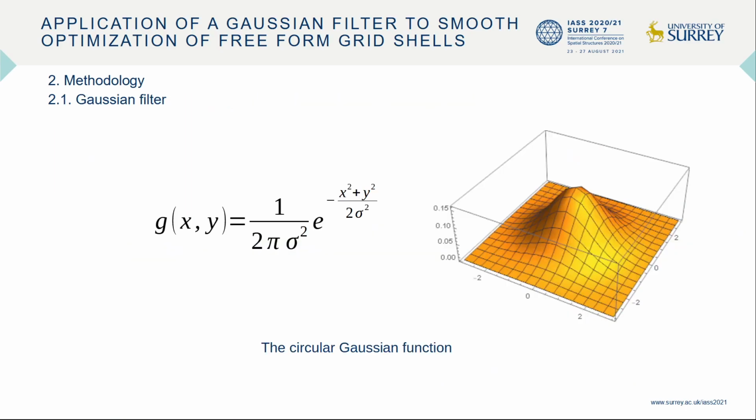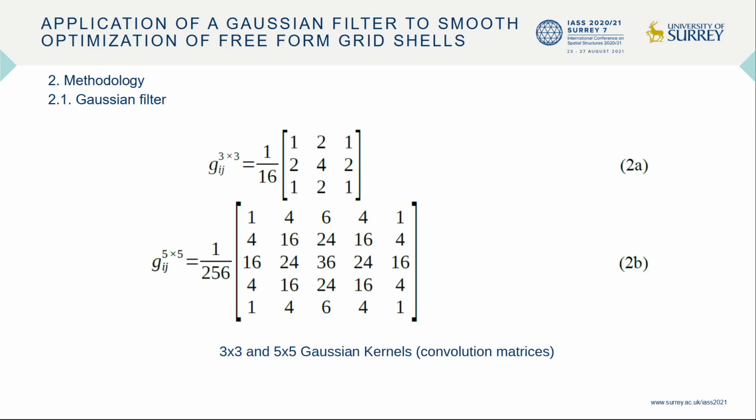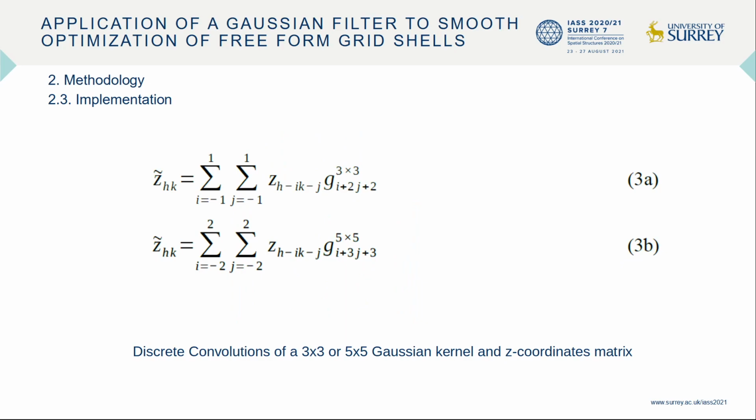The two-dimensional Gaussian function is given by this, and it is commonly used in image processing for smoothing, reducing noise, and blurring. Here the standard deviation of the probability distribution, sigma, is assumed to be 1 to get the discrete matrices in the next slide. These are the commonly used discrete kernels given in matrix form for sizes of 3 by 3 and 5 by 5.